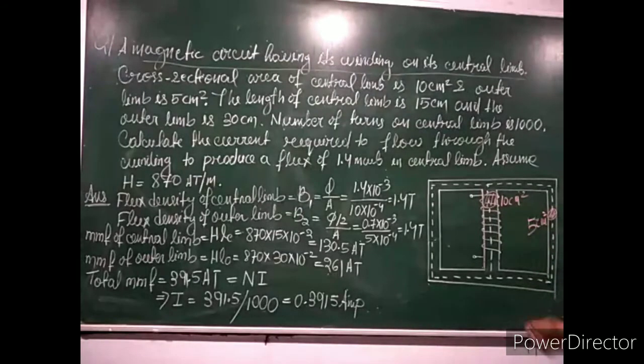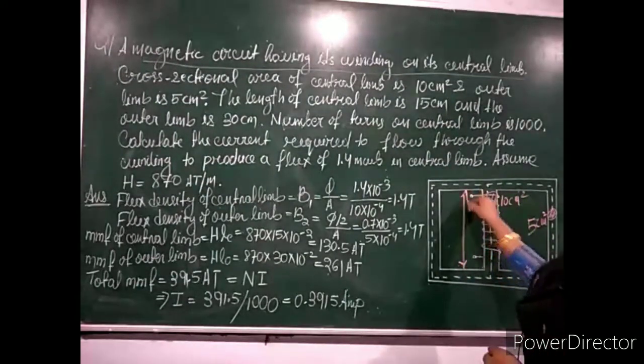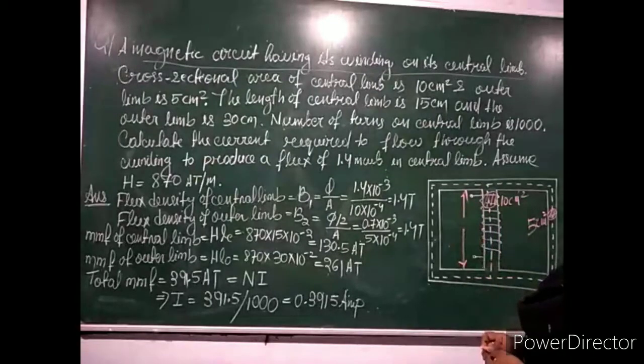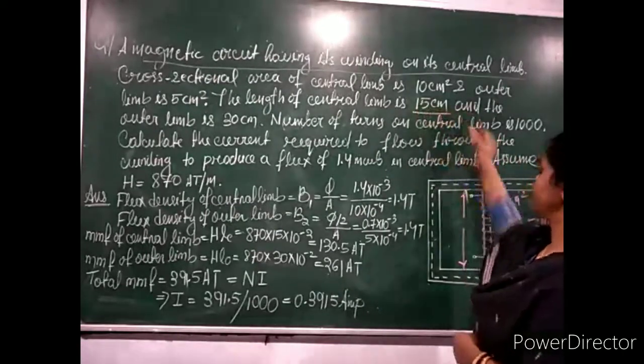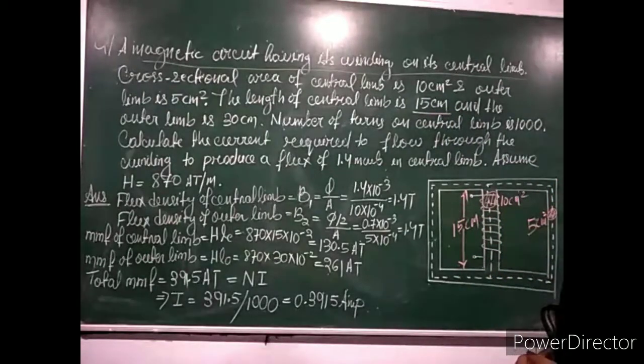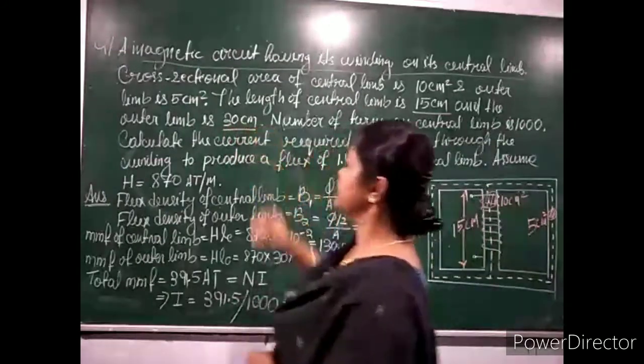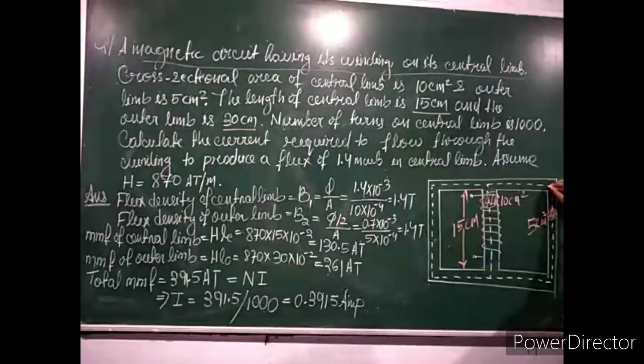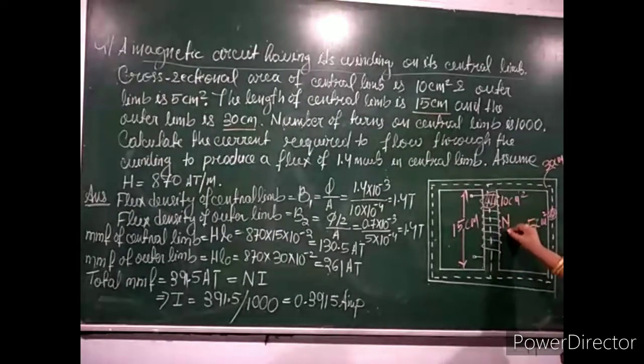The length of the central limb, this one, is 15 centimeter, and the outer limb, this one, is 30 centimeter. Number of turns on the central limb is 1000.